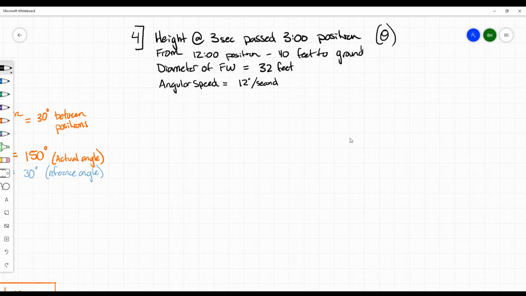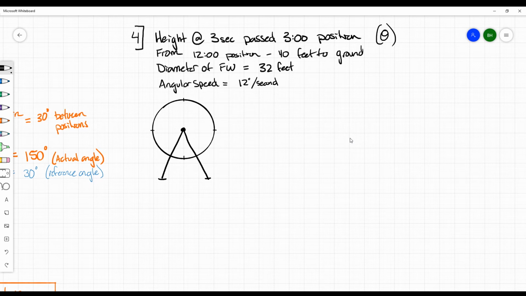first thing I highly recommend is you draw a little diagram for yourself. So here I'm just going to draw a nice, perfect circle to represent a Ferris wheel and just give it some legs to go to the ground. Now this Ferris wheel is not going to be accurate at all in terms of proportional measurements, but it's always nice to have some sort of illustration.